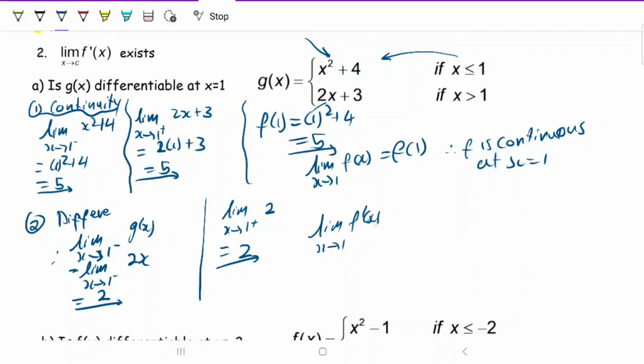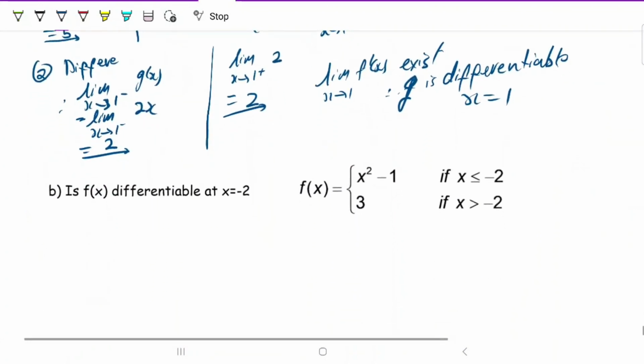So if the limit exists, we say that the function g in this case is differentiable at x equals 1. Nice and simple. You just have to make sure that these two conditions hold. Let's do one last question.